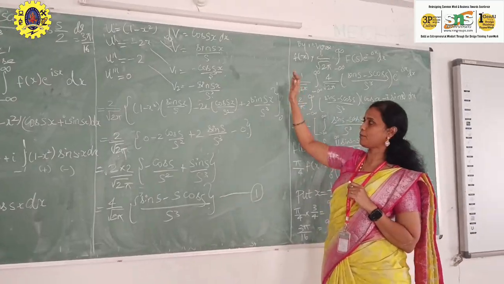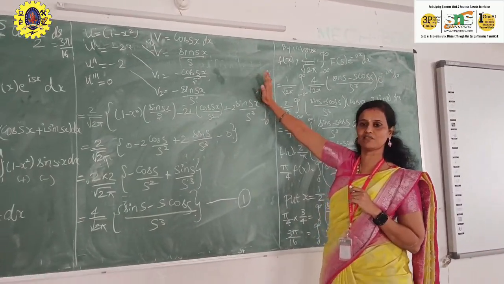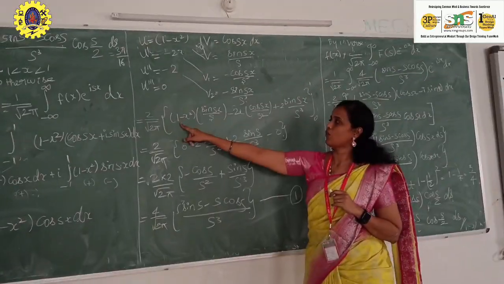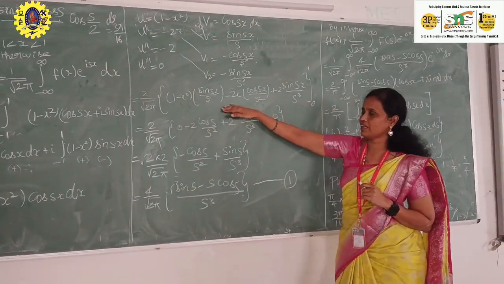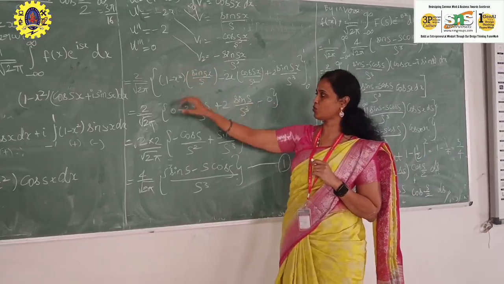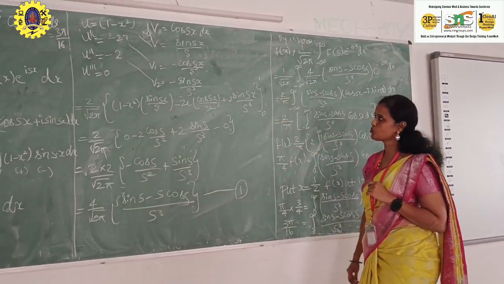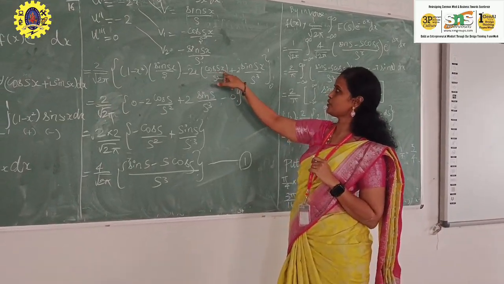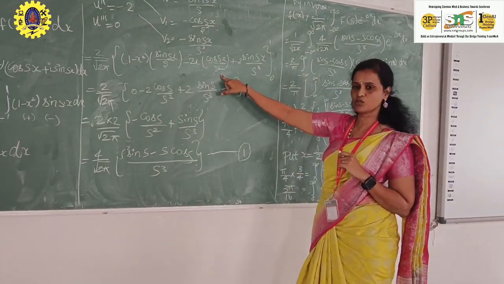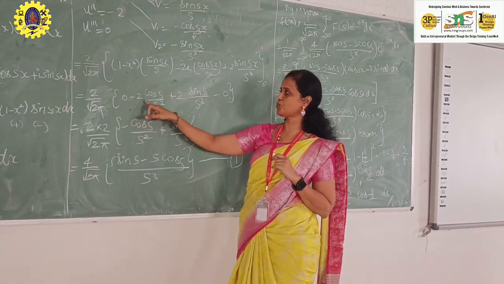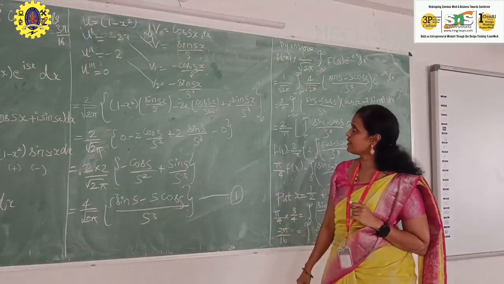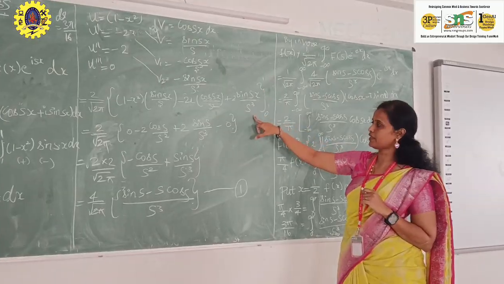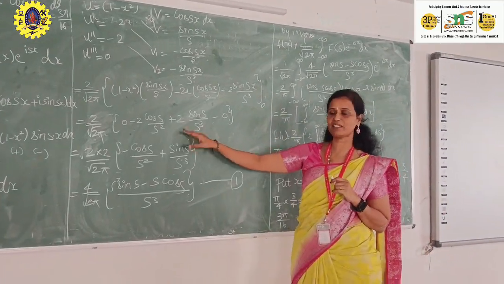So first apply the upper limit. Instead of x, substitute x is equal to 1. So if you substitute x is equal to 1, 1 minus 1 is 0. So 0 into anything, we get 0. So the first term is automatically 0. Then comes the second term, 2 into 1, cos s into 1, so minus 2 cos s divided by s square, and the third term, 2 into sin s into 1 divided by s cube, is nothing but 2 sin s by s cube.